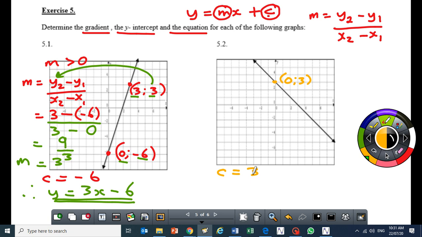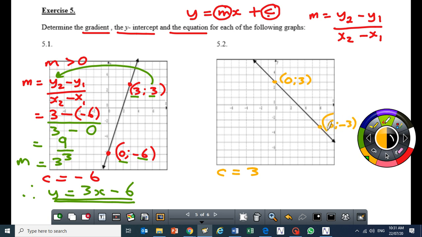Okay? Then I now need to identify 2 points on the graph that I can use to calculate the gradient. So I'm going to choose this point where x is 6, and my y is negative 3.